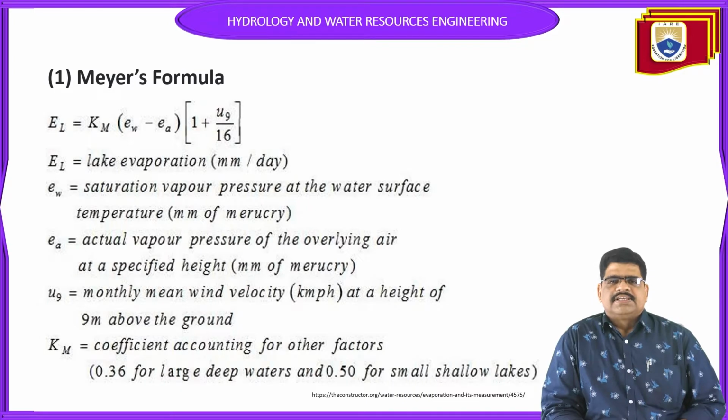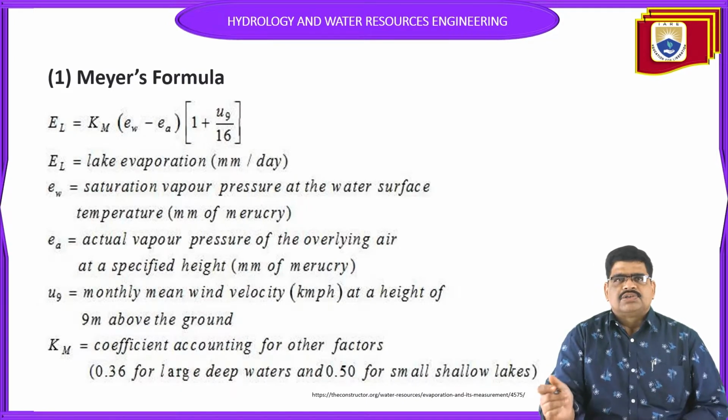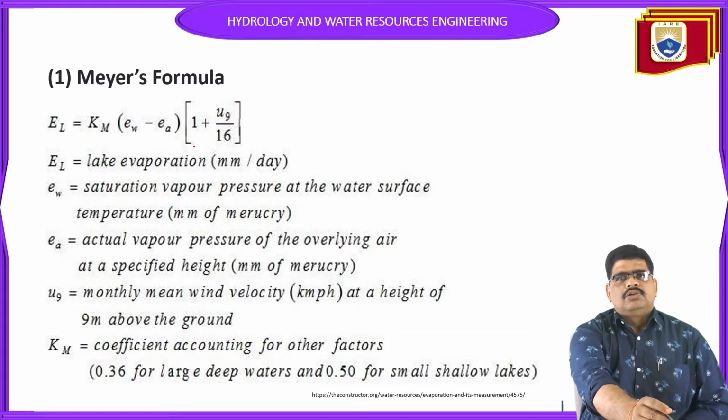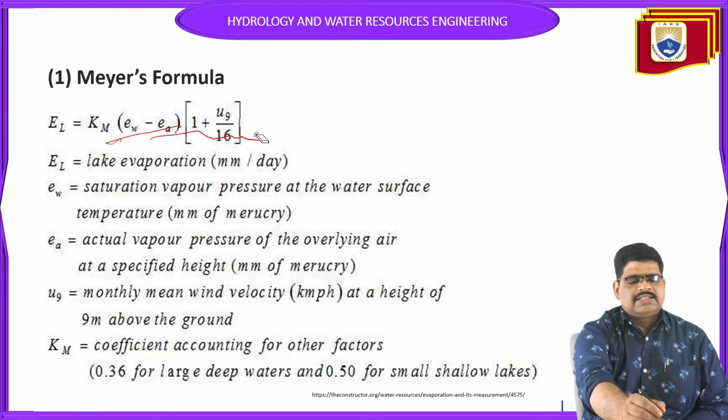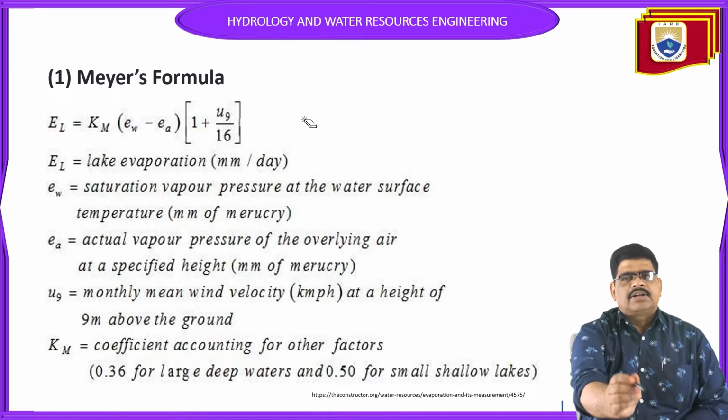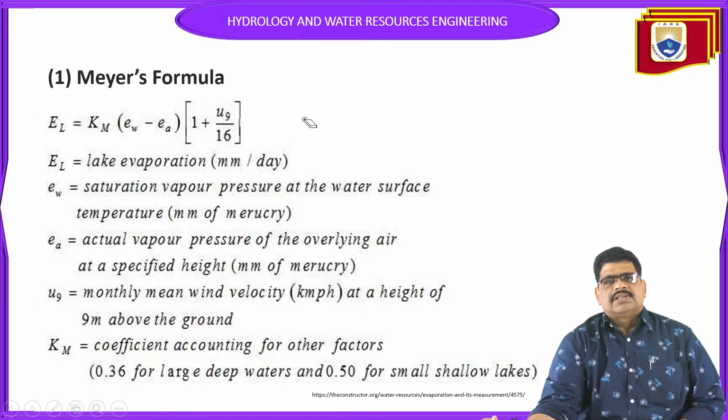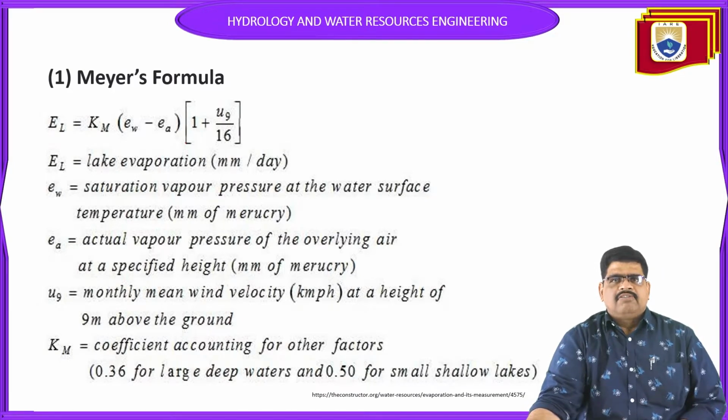Next one, Meyer's equation. In Meyer's equation, EL is equal to Km into (EW minus EA) into (1 plus U9 by 16). That is another empirical formula to find the evaporation. EL is equal to lake evaporation in mm per day, and EW is equal to saturated water vapor pressure at the water surface temperature in mm of mercury.